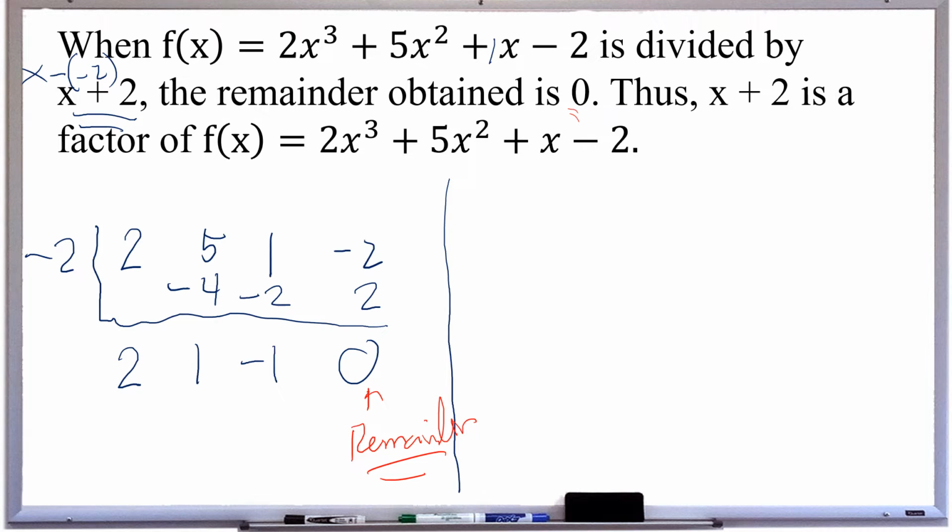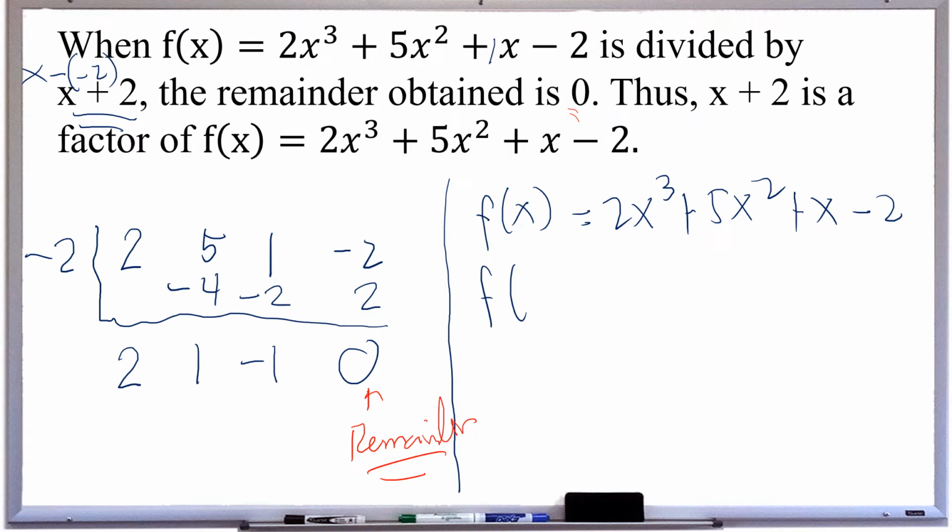Now how about if we use the remainder theorem? The remainder theorem states that if you are given f of x divided by x minus r, then f of r will give you the remainder. So if the remainder is 0, then the binomial is a factor of that particular polynomial f of x. So f of x is equal to 2x cubed plus 5x squared plus x minus 2.